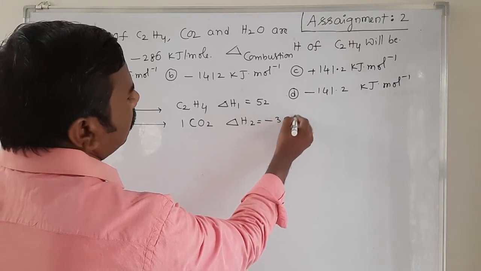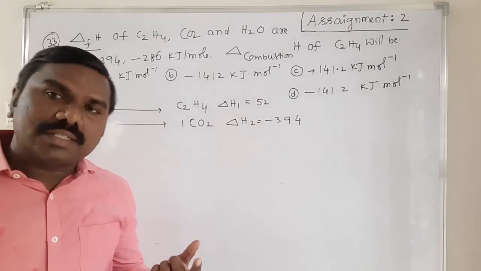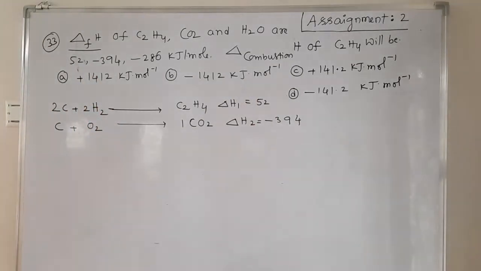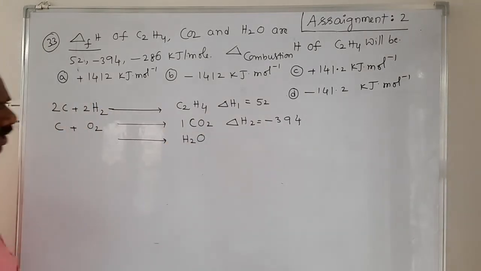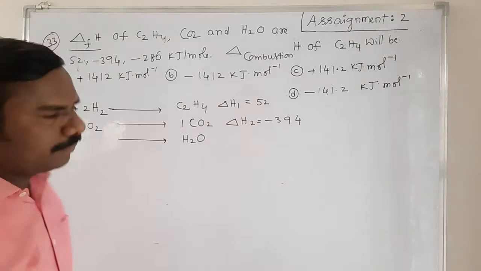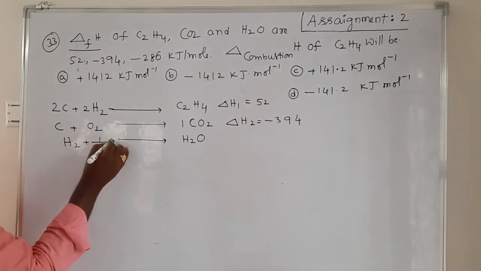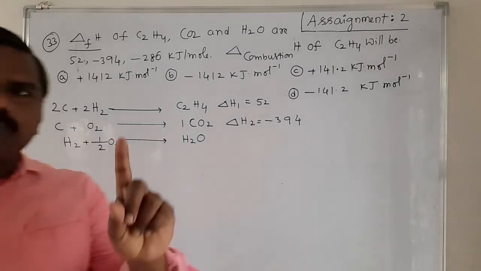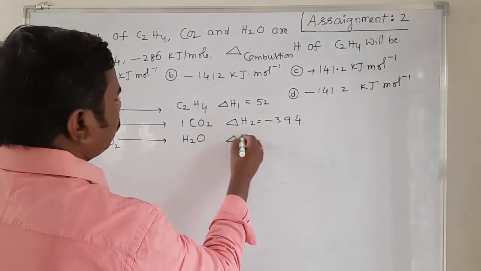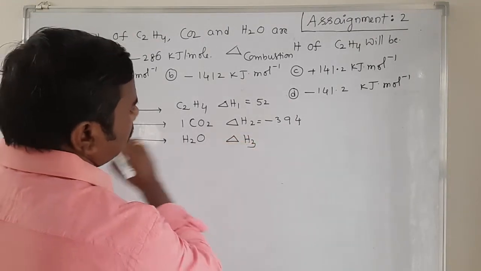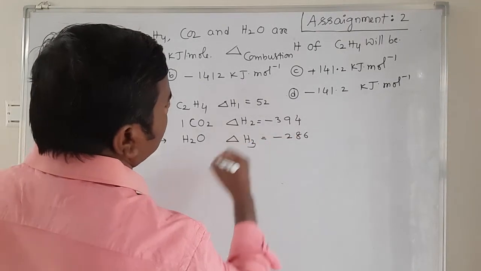To this, 394 kilojoules per mole of energy will be released, hence minus taken. Again, to form H2O, it should be 1 mole, then only it is called enthalpy of formation of H2O. So it should be formed from H2 plus half O2. It's not 1 O2, it is half O2. Half O2 means 1 oxygen, O2 means 2 oxygens. This is considered as delta H3. The value given is minus 286 kilojoules per mole.